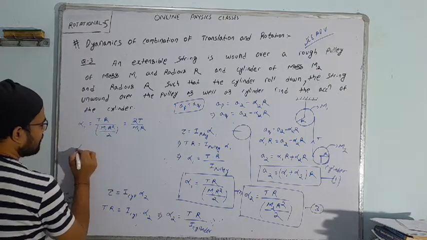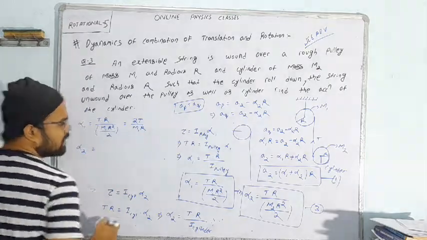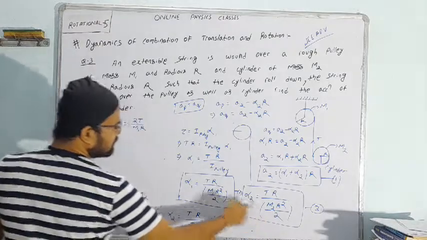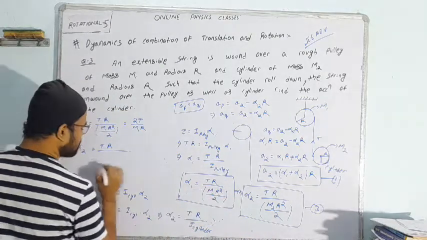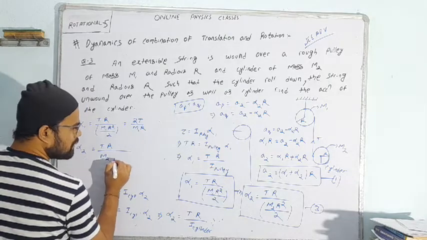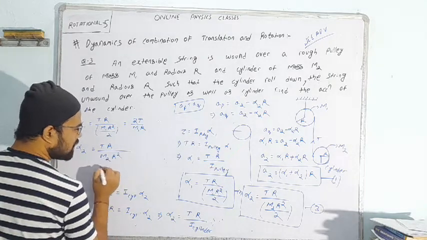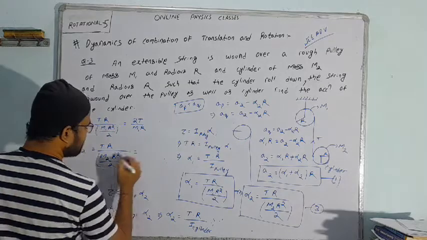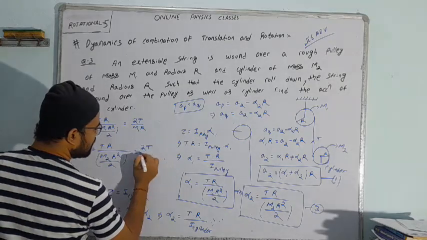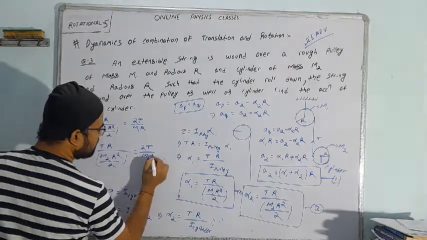What is the value of alpha 2? Similarly, alpha 2 is T into R by m2 r square by 2. If you simplify this equation, we get 2T by m2 r.